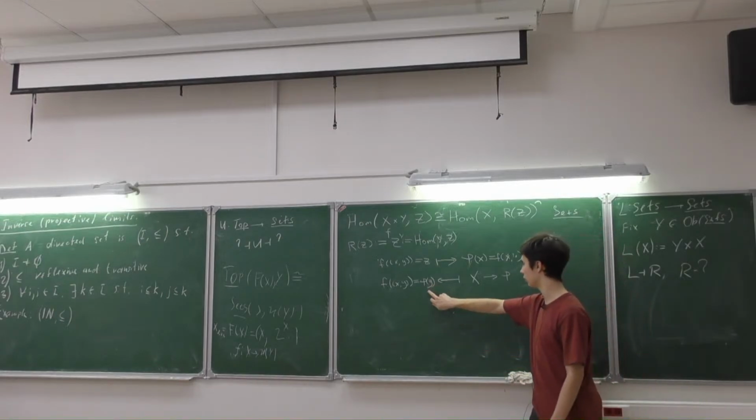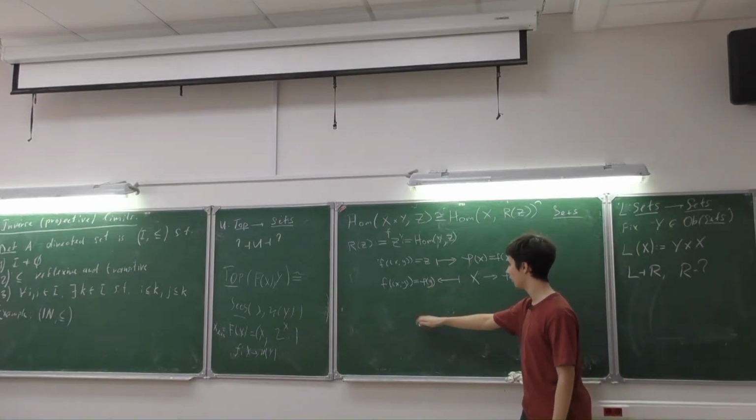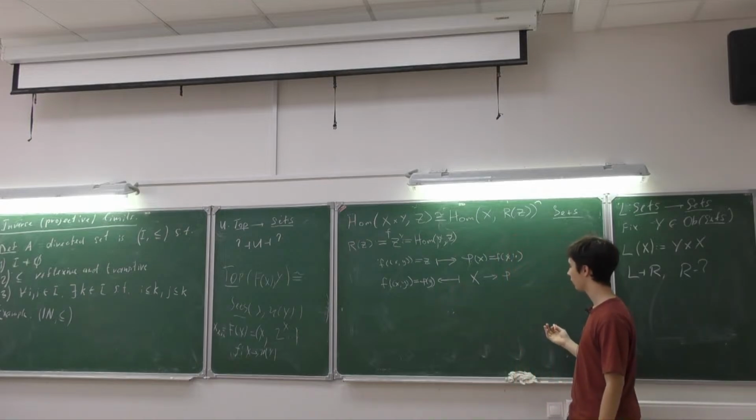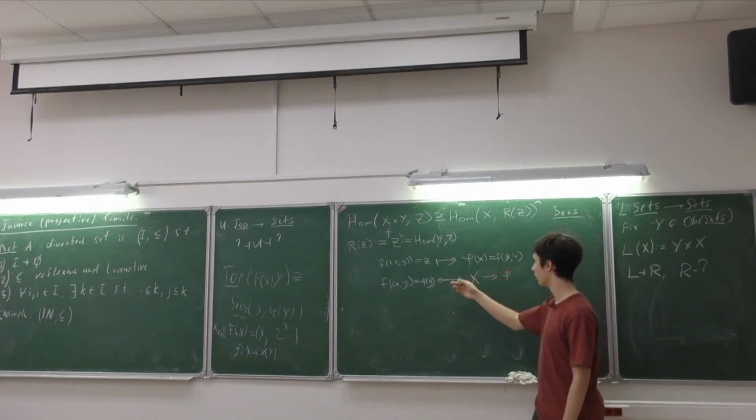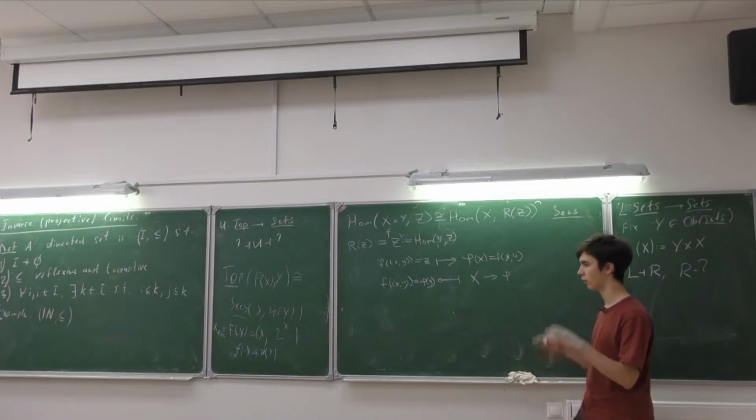So it's an element in z, and it's clear to check that it's a bijection and functorial and a lot of stuff.